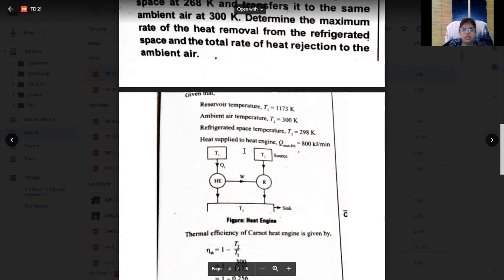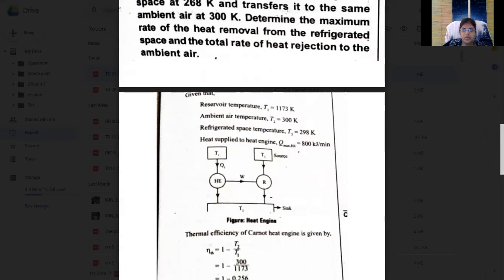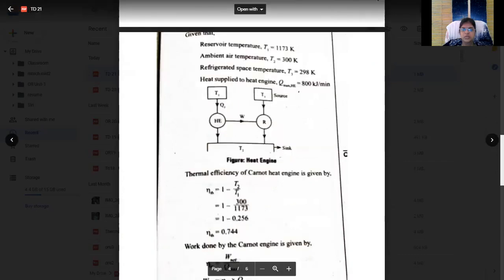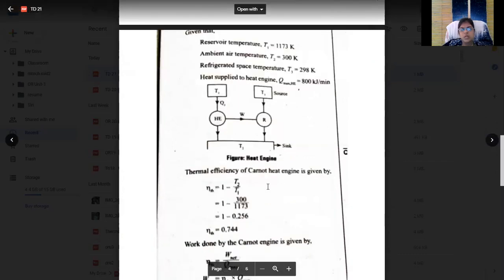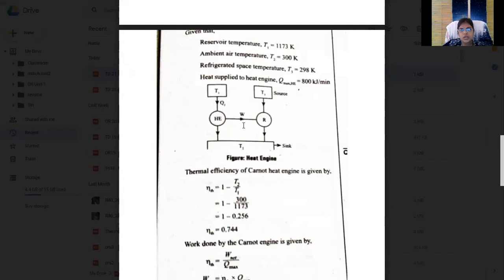So T1 heat engine, T2, and this arrow mark is upside, but that is a little mistake. For the thermal efficiency, we can observe that the work done is nothing but Q1 minus heat rejected. Actually this is not T2, this is T3.